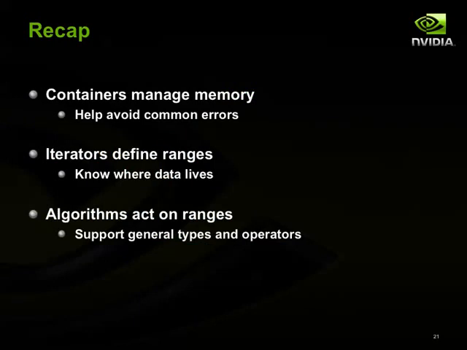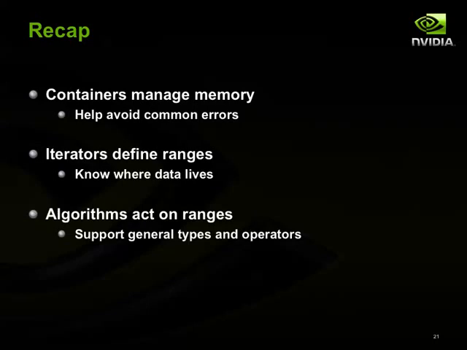Okay, so to summarize what we've looked at so far, we had containers, host vector and device vector. Those were nice because they managed memory for us. Another thing about vectors that I didn't mention is that if you declare and allocate a vector inside a function, and then you return from that function, it automatically cleans up the memory for you. A common error is to forget to do a CUDA free or a free in C. That's not an issue with vectors because they automatically release their data when they go out of scope.